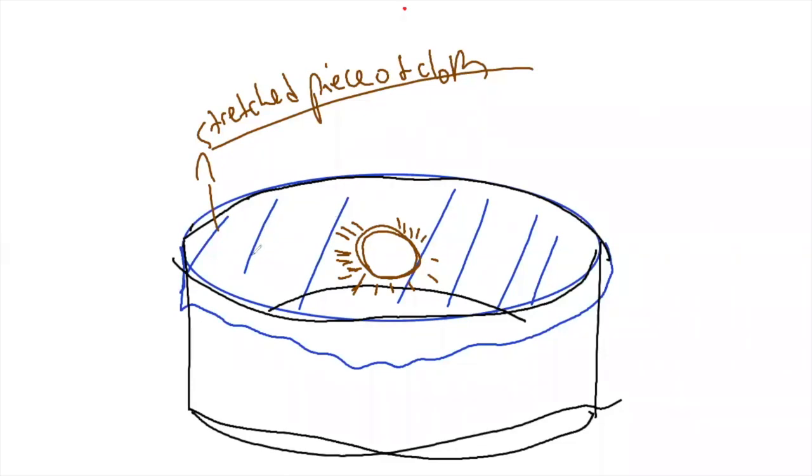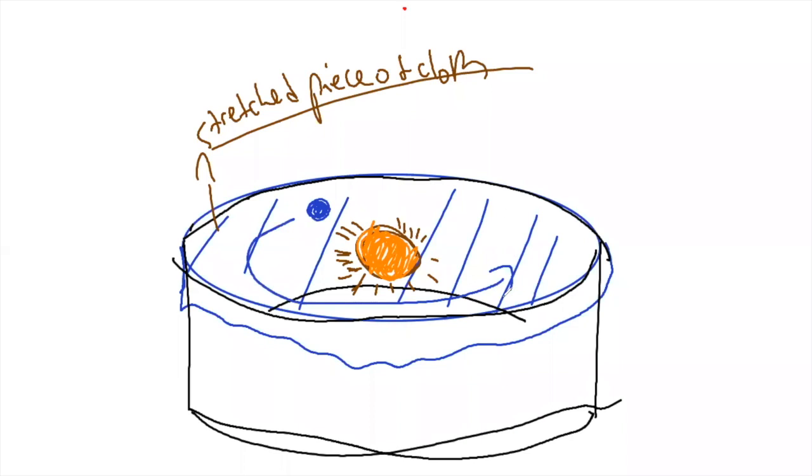So if I place a ball here, this ball is going to go towards that direction, right? This ball is going to move in that direction. Now imagine that this thing in the center is the sun, and the person who is conducting this experiment takes a little blue ball and throws it in such a way.